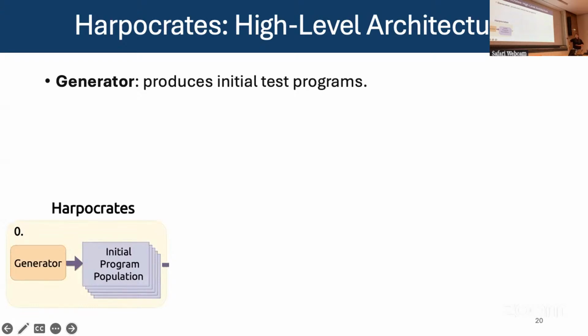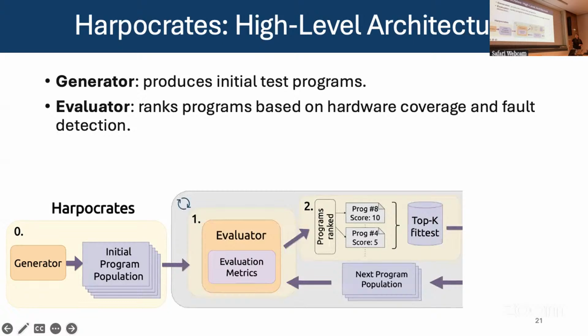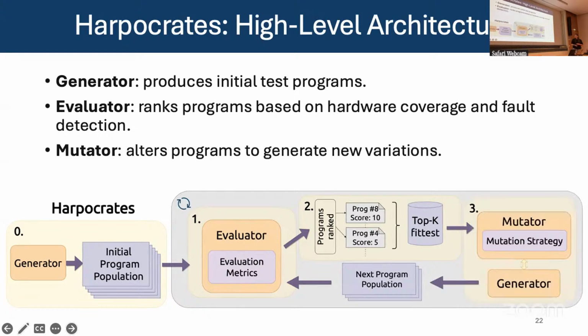First, we have the generator that produces the initial set of test programs. Then we have the evaluator that ranks programs based on hardware coverage and fault detection. And then we have the mutator that alters programs to generate new variations.